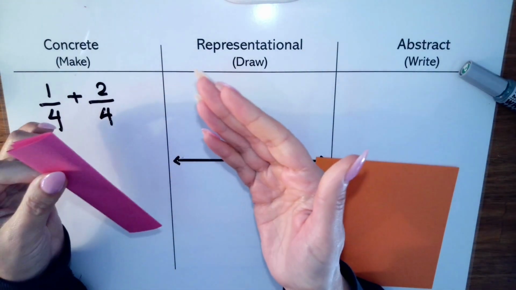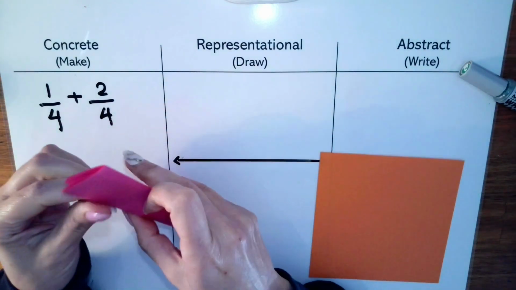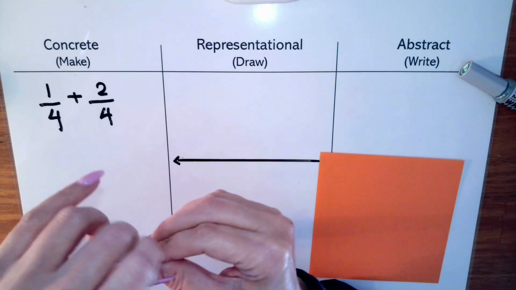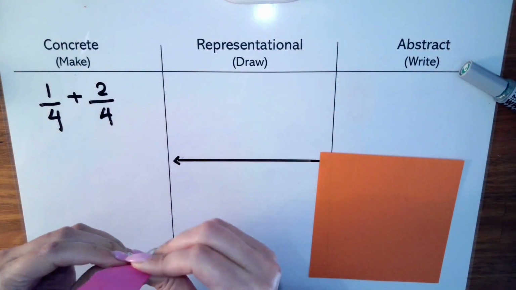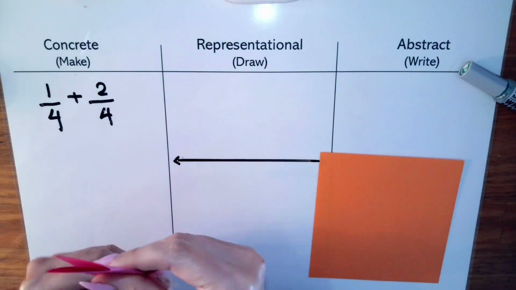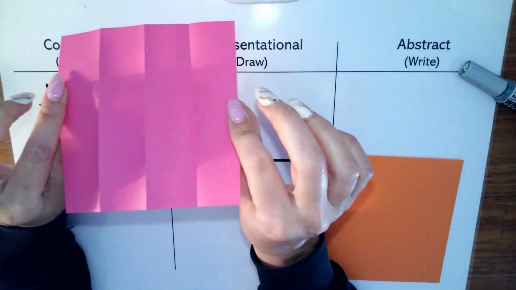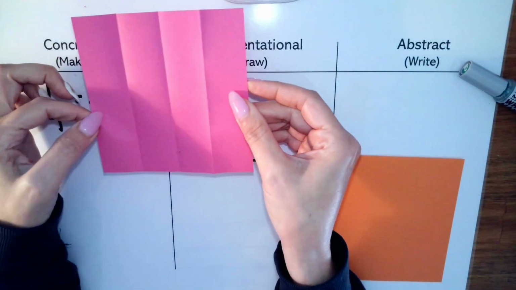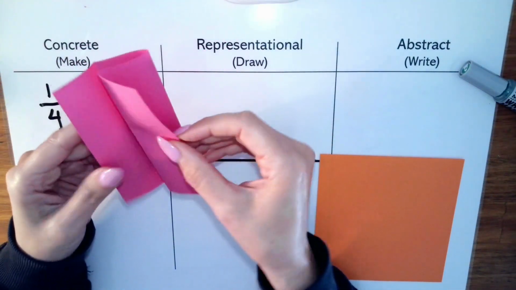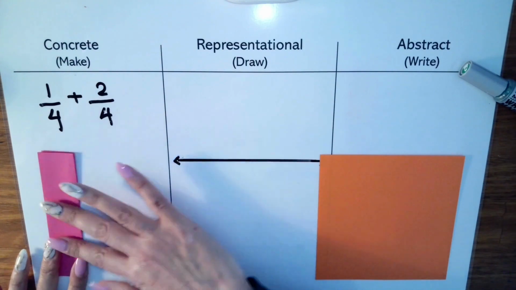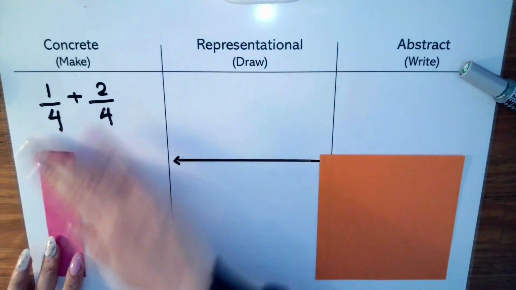When you're adding two things together using bits of paper, it's easier when they're folded in the same way. So if I unfolded this, this is going to be my 1/4, so I'm going to keep that folded. This is my 1/4 here.